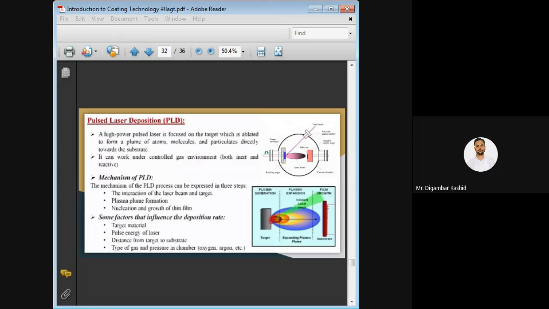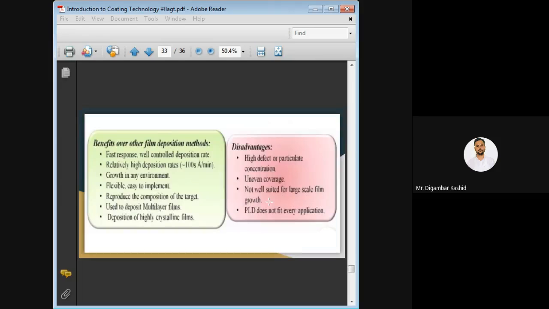Now, what are the benefits of this process over the other film deposition methods? Okay, so you can see here. It is a faster response process, with a well controlled deposition rate and relatively high deposition rates also.